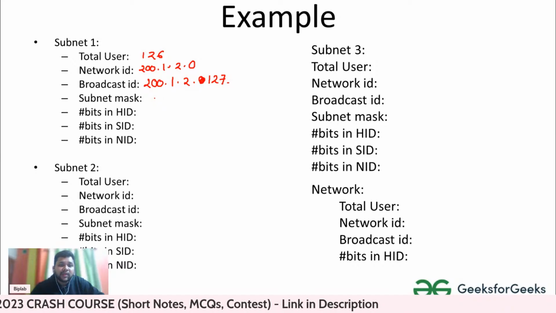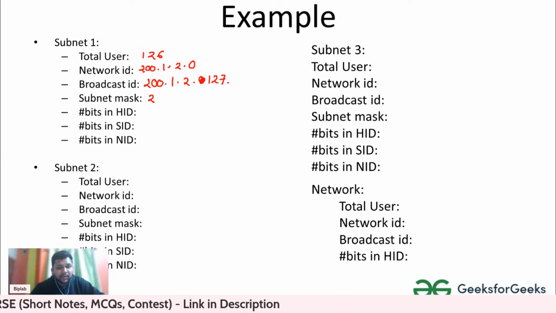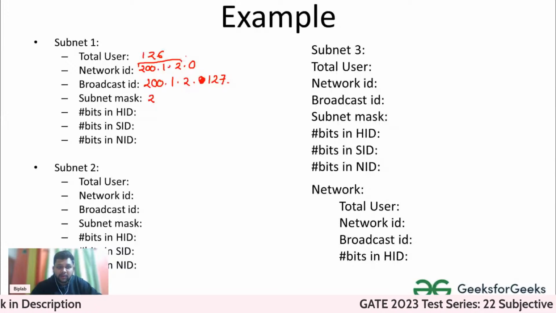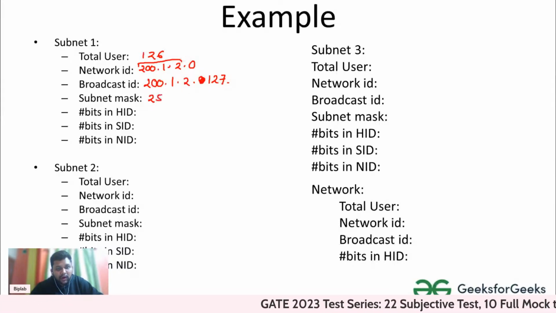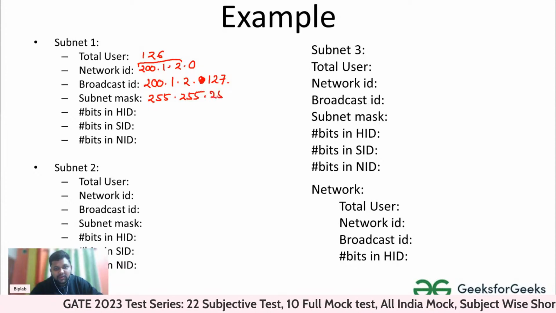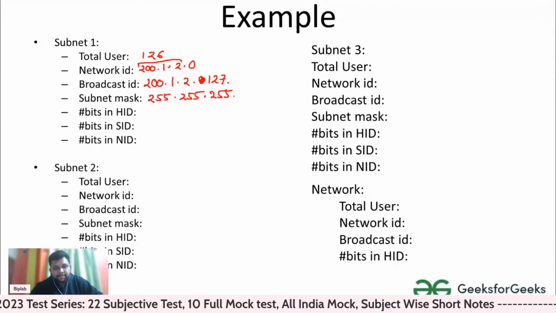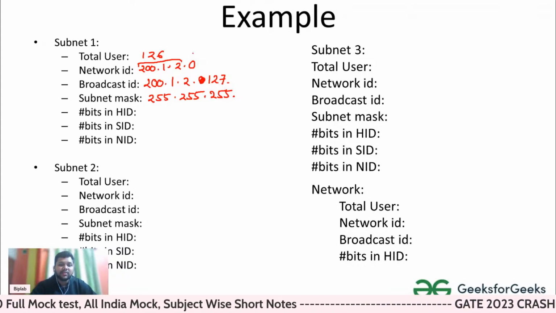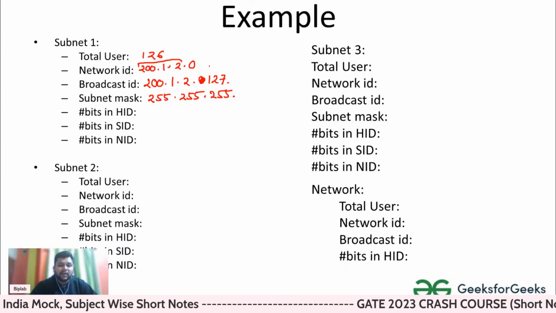Now what will be the subnet mask? For the subnet mask, these first three octets are network ID. So just put ones in all first three octets. We have discussed these rules. And the subnet bit is the first bit of the last octet.